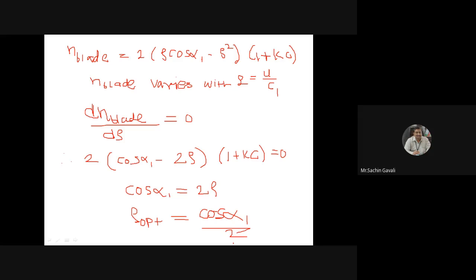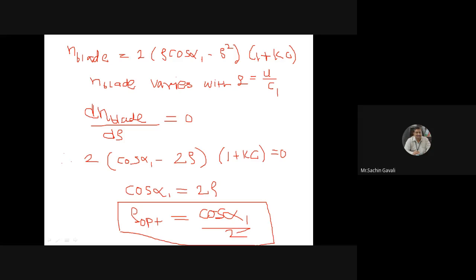So the optimum blade speed ratio should be equal to cos alpha 1 divided by 2, and they can ask this in the examination in an MCQ. Rho optimum: for maximum efficiency, what should be the blade speed ratio? Rho opt should be equal to cos alpha 1 divided by 2. How did we define it? We have calculated blade efficiency, and this blade efficiency varies with respect to rho or u upon c1. Therefore we differentiated this blade efficiency with respect to d rho, which is the variable quantity, and equated it to 0.